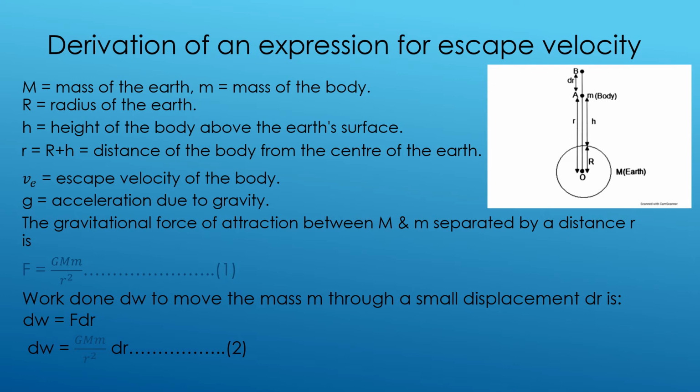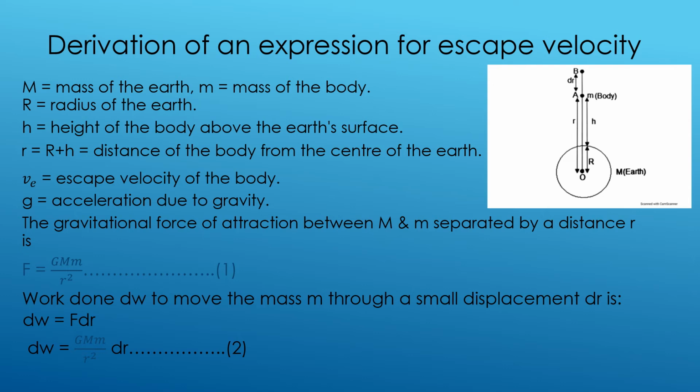For this, let us consider a body at a certain height from the surface of the earth. As you can see in the diagram, that is the earth, and the body is at a certain height from the surface of the earth. Let capital M be the mass of the earth and small m be the mass of the body.